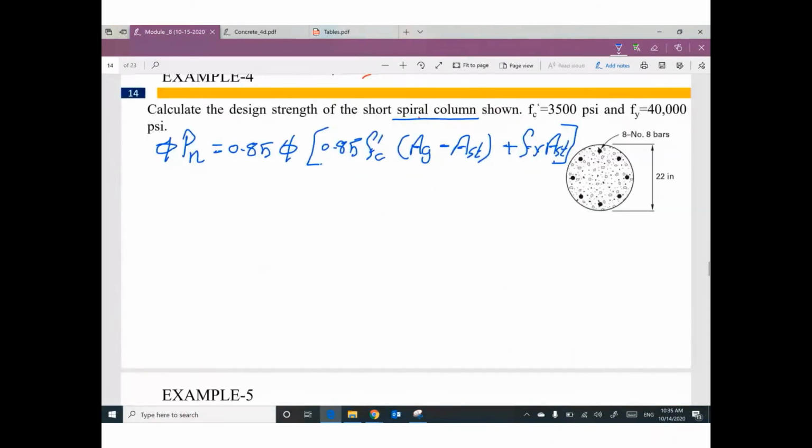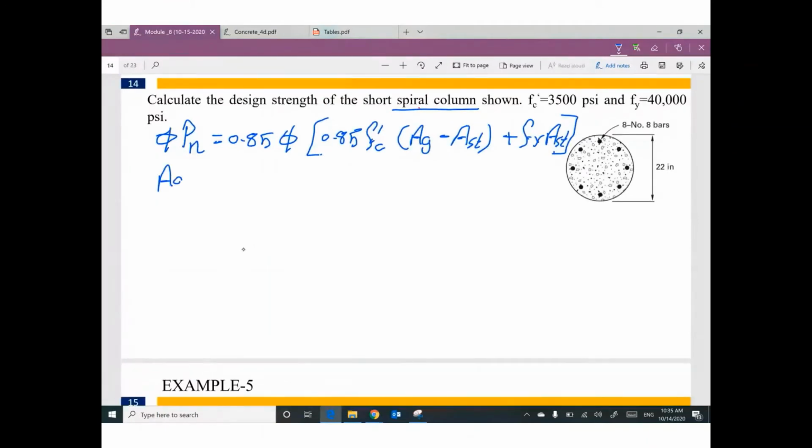What is the value of area gross? It's a circular column. The diameter of this column is 22 inch. So area gross will be pi divided by 4 times 22 square, which is 380.13 inches square. What is the value of area steel?